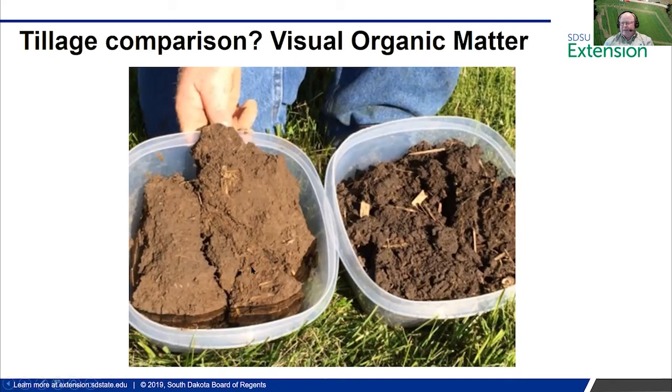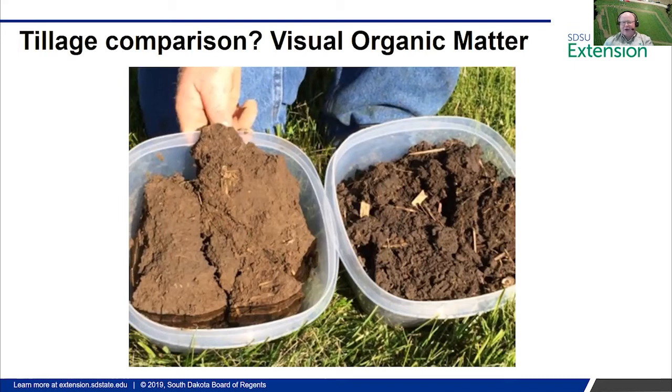The one on the left, conventional methods, fall tillage. Alfalfa has been grown on the one on the left. It's been corn silage. It's been managed just conventionally, but you can see a big difference. The one on the left, lighter color; the one on the right, darker color. So what's giving that color?